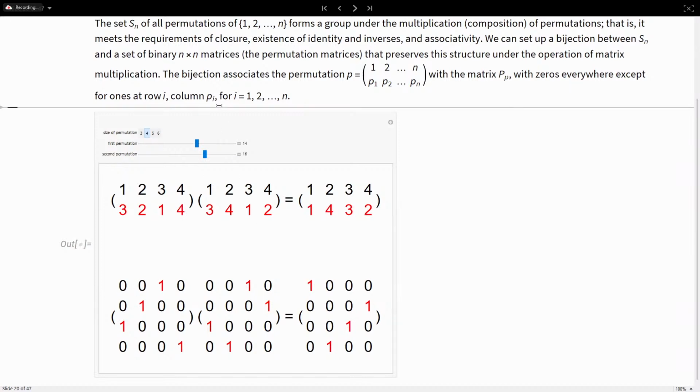So the permutation matrices make up a group. If you multiply 2 permutation matrices together, you will get another permutation matrix, which will produce a closed group.